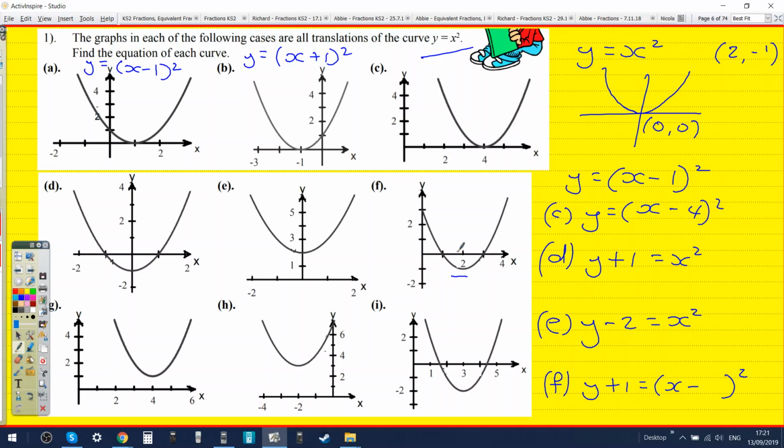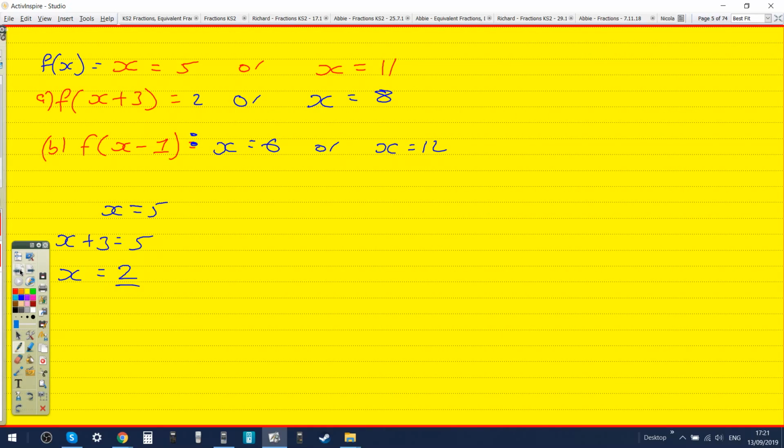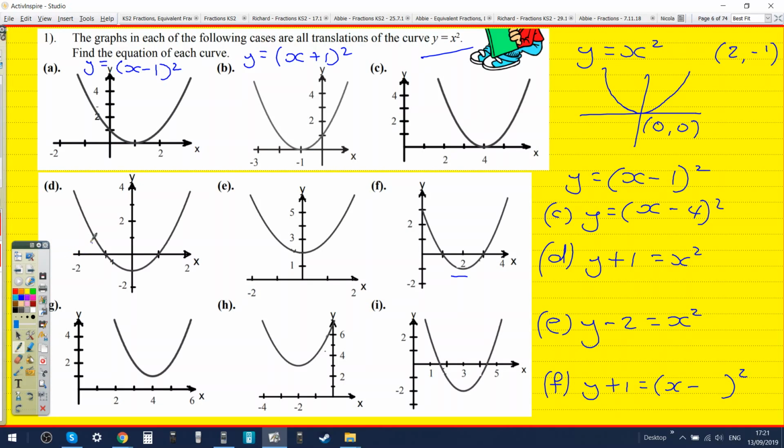The x went right 2. And so what transformation would add to all the x's? It would be x minus 2. That would add to all the x's.